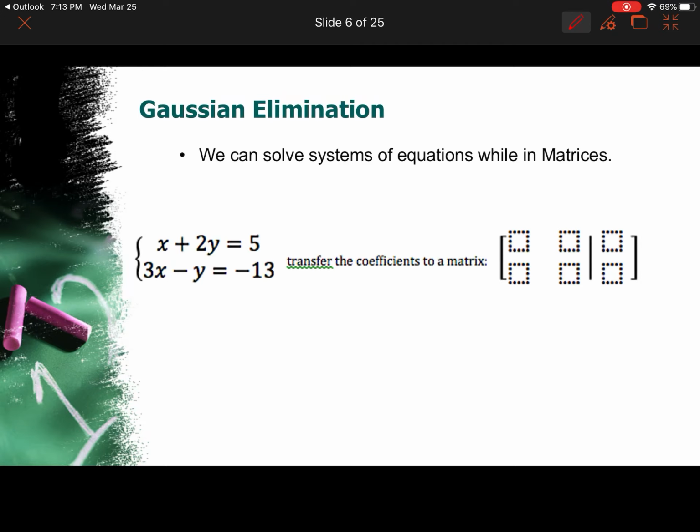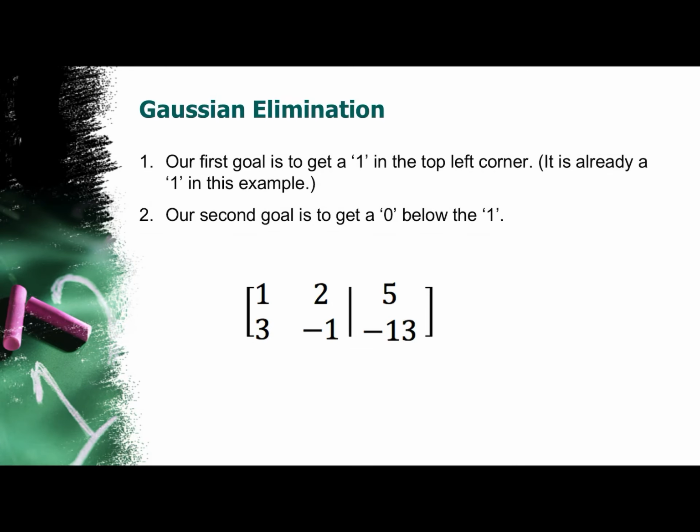All right, so we're going to have a 1, 2, and a 5 on the top one, a 3, a -1, and a -13 on the bottom one. Hopefully you can read that. I know those little boxes are a little darker than I wanted them, but they're what they are. Okay, so there's our matrix, and that's what we're going to use.